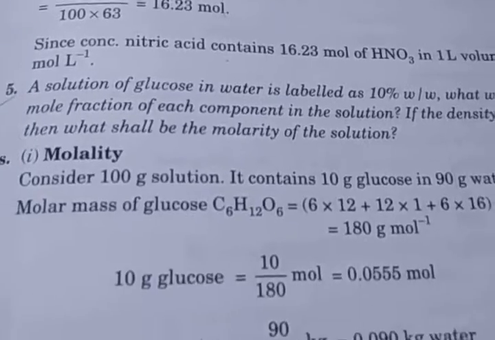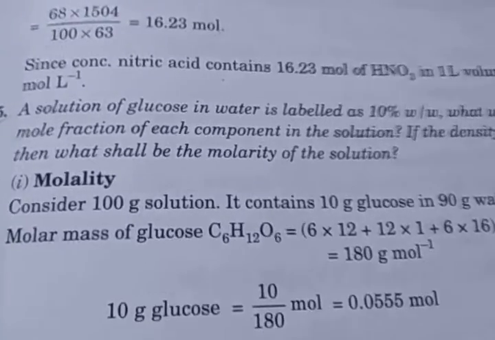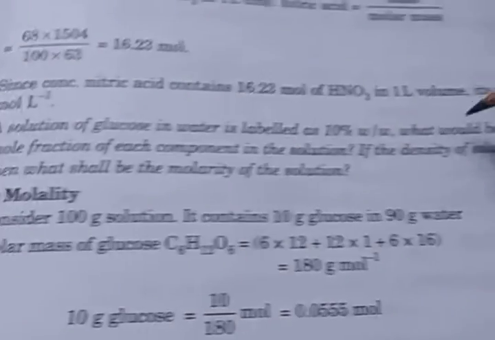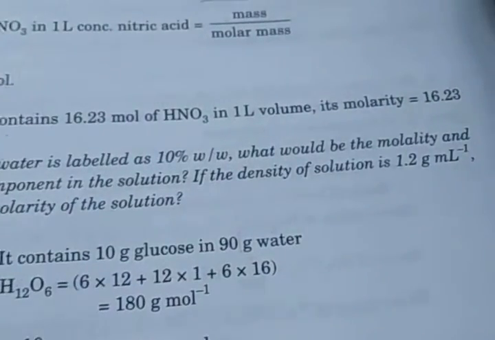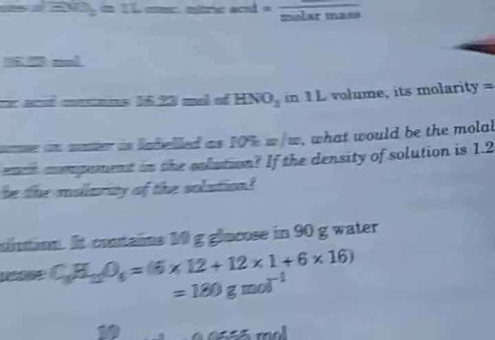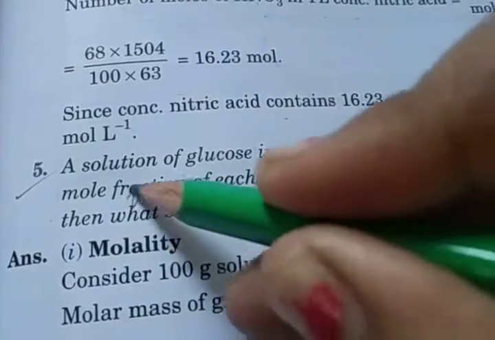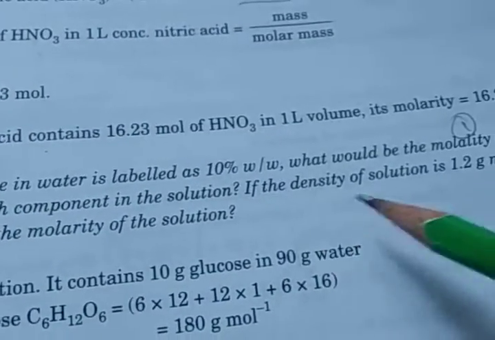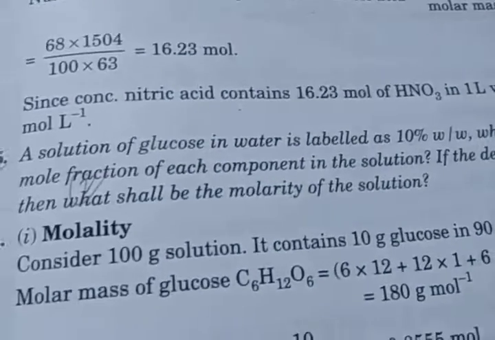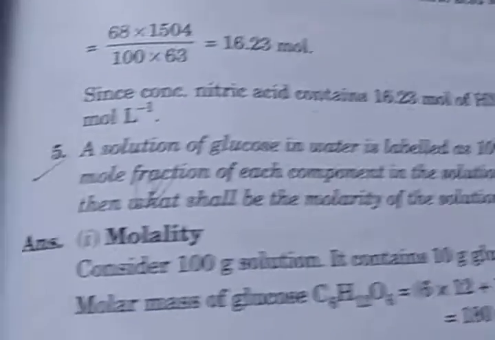Next question: a solution of glucose in water is labeled as 10% W/W. What would be the molality and mole fraction of each component? If the density of the solution is 1.2 gram per ml, what shall be the molarity of the solution?